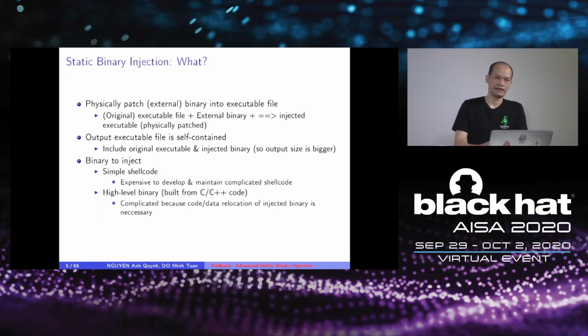On one hand, it's easy to build and maintain this kind of binary because it has source code. But on the other hand, this kind of binary is very complicated, so it's much harder to build an injection tool for that. And this talk is mainly about how to build an advanced tool to inject high-level binary into an executable file.